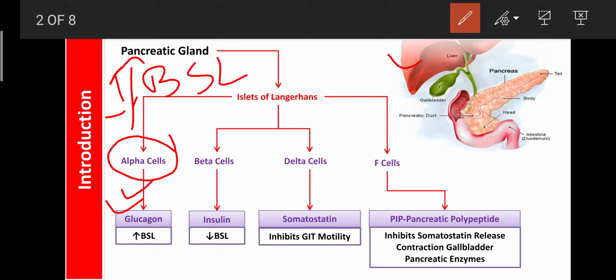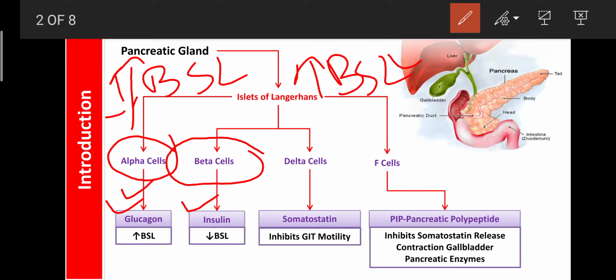And the remaining 85% of the cells of the islets of Langerhans are the beta cells. Beta cells are one of the most important cells, involved in the secretion of insulin.